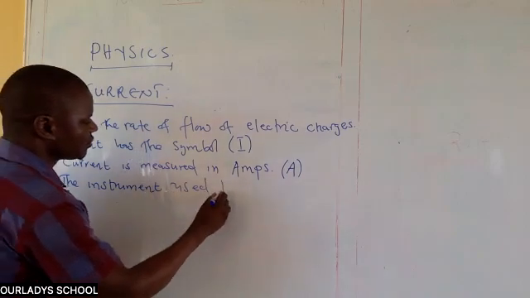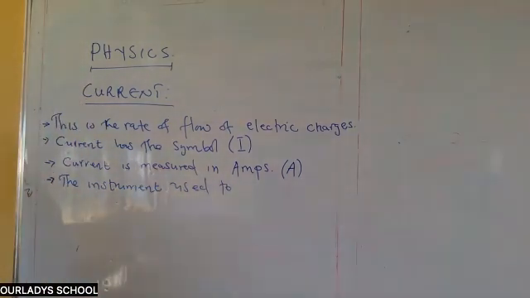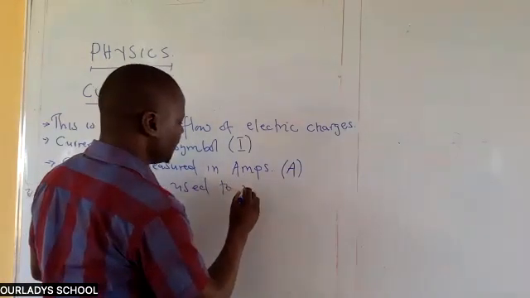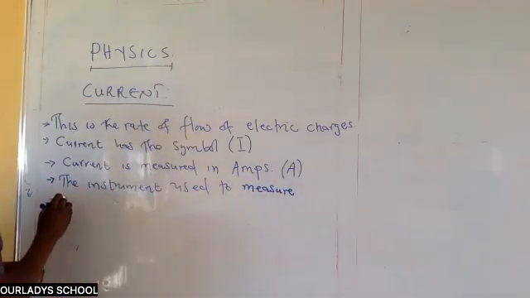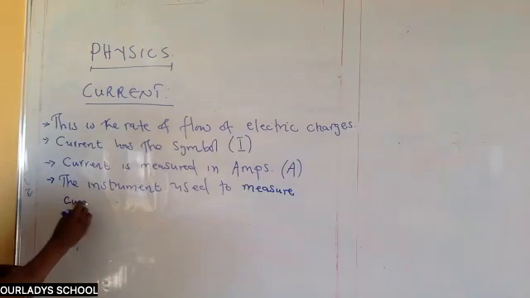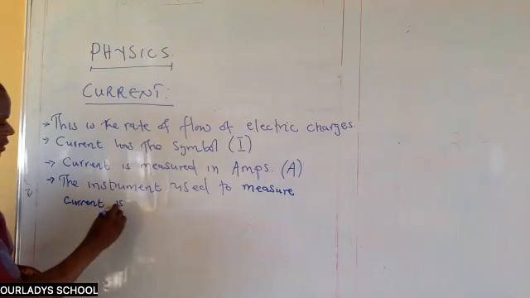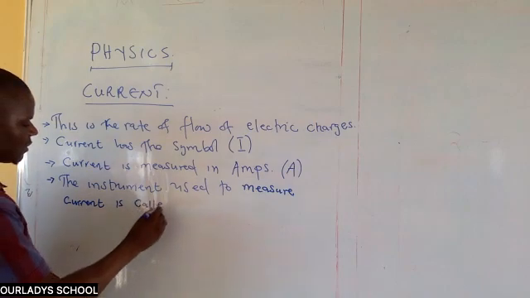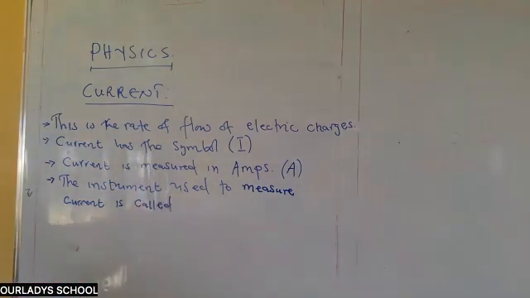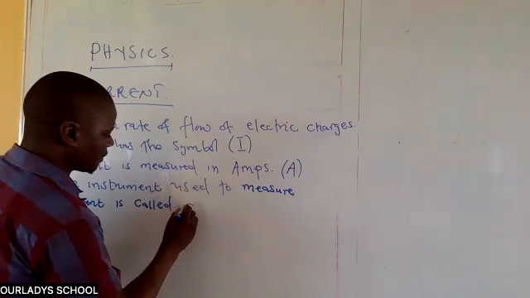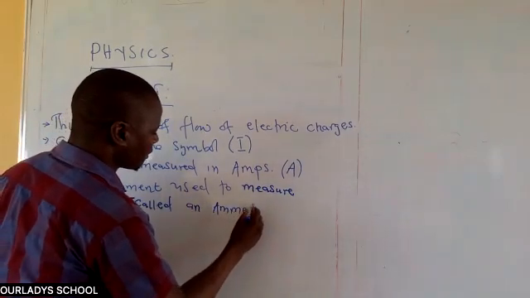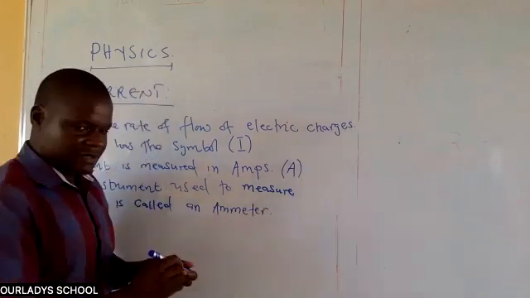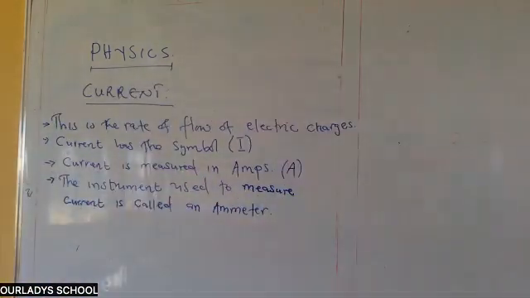The instrument used to measure current is called an ammeter. Just give me a second.